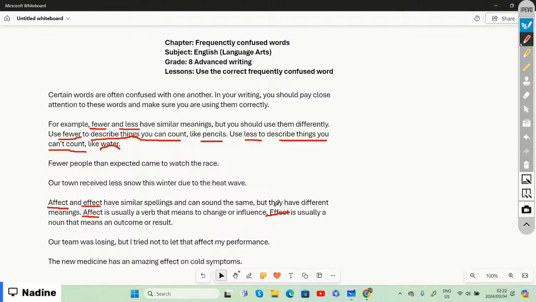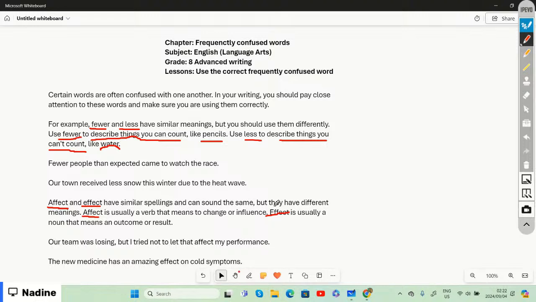So whenever we want to count things or objects, we use the word fewer. Even if we are counting people, because people are something that we can count. So people, tables, laptops, chairs, pens, erasers, tablets. These are things we can count.